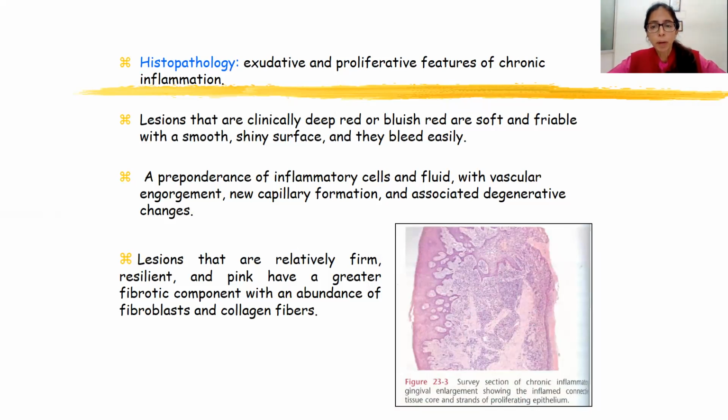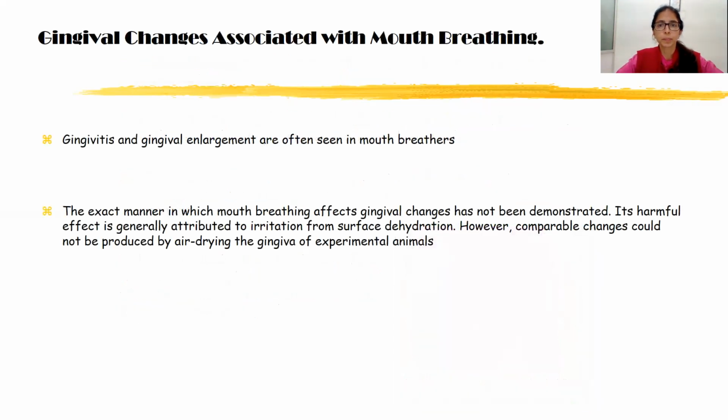Histopathologically, we will see abundant inflammatory cells. There will be an increase in the fluid, and the inflammatory cells will be present. There will be degenerative changes, breakdown changes will be seen. There will be an increase in the fibroblasts, because breakdown is occurring and at the same time repair is also taking place. So there will be an increase in all these cells present in the connective tissue.